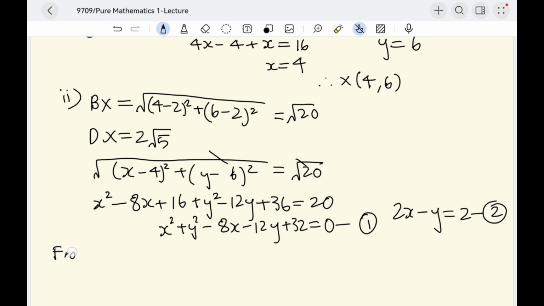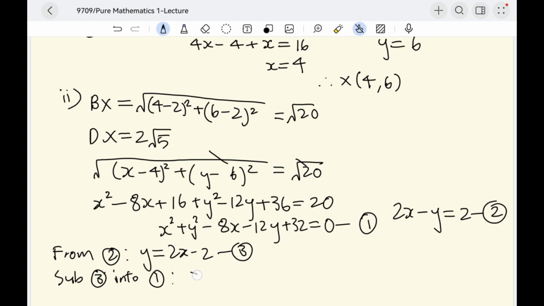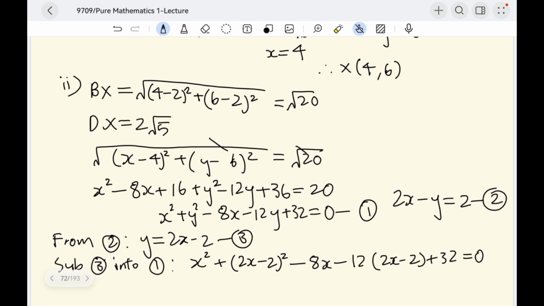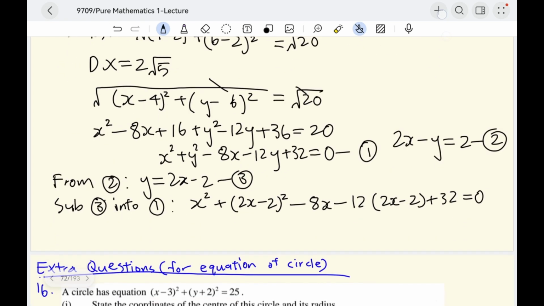From equation 2, y equals 2x minus 2, equation 3. Substitute equation 3 into equation 1: x squared plus (2x minus 2) squared minus 8x minus 12(2x minus 2) plus 32. As you can see, you will form a quadratic equation. So expand and simplify now.